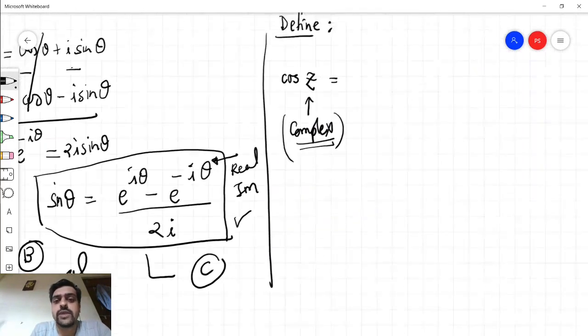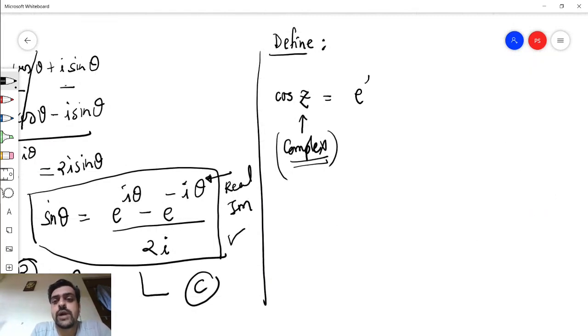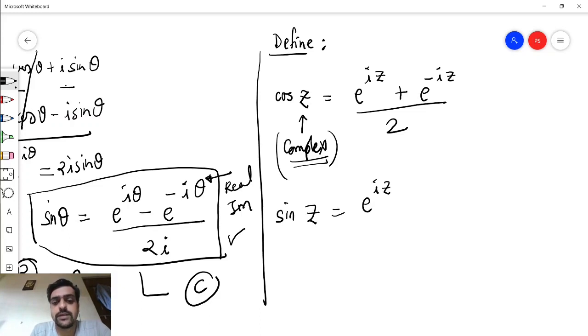Cos z equals e raised to i times z plus e raised to minus i times z divided by 2, and sin z equal to e raised to i times z minus e raised to minus i times z divided by 2i.